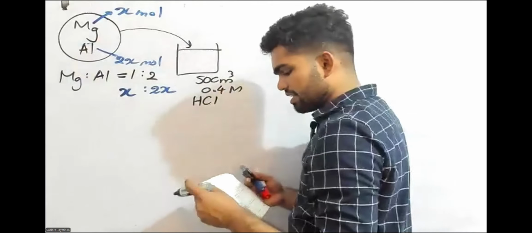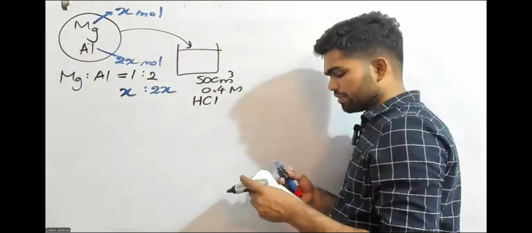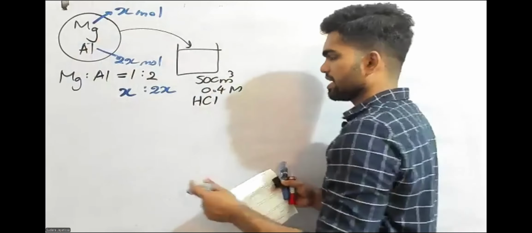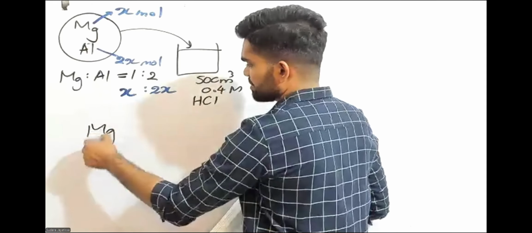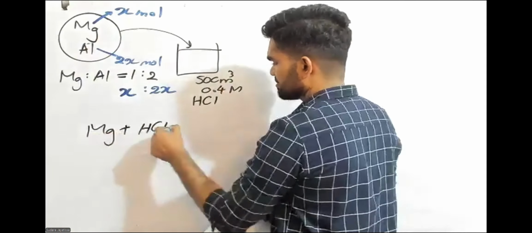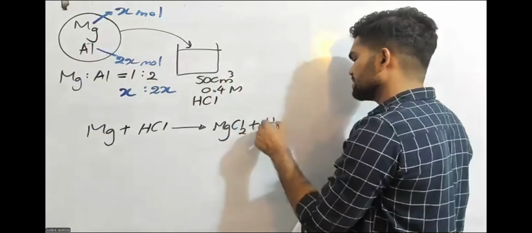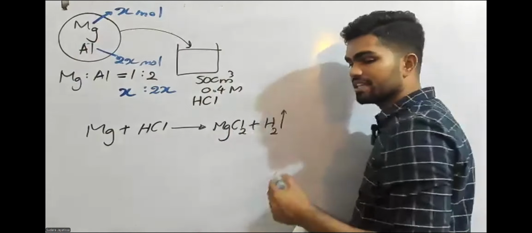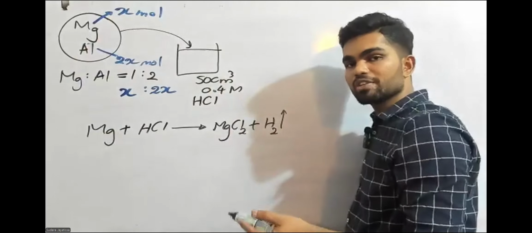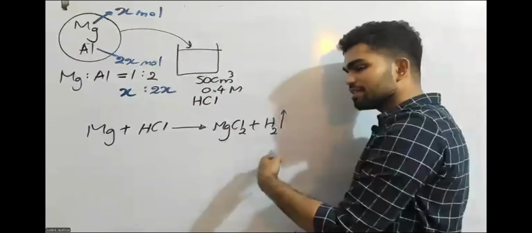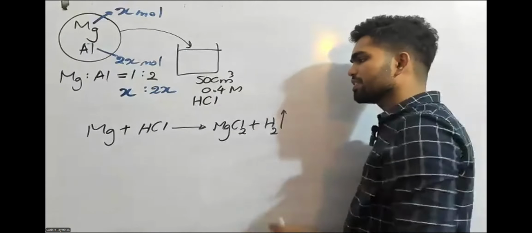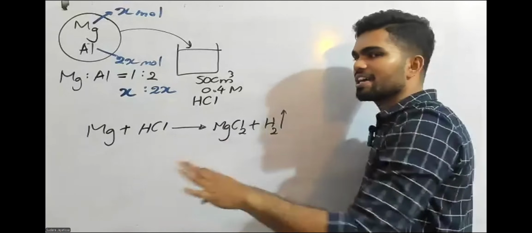And it says after ceasing the evolution of gas, that means 2 reactions are happening. Magnesium is going to react with this HCl. It's going to form magnesium chloride and hydrogen gas. So hydrogen gas is releasing, no? That's why it says cease the evolution of gas. That means the reaction is completed.